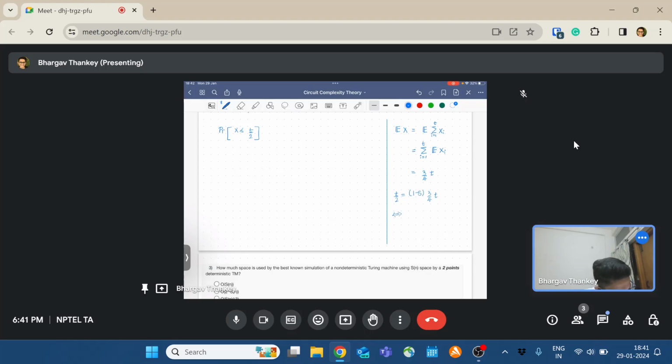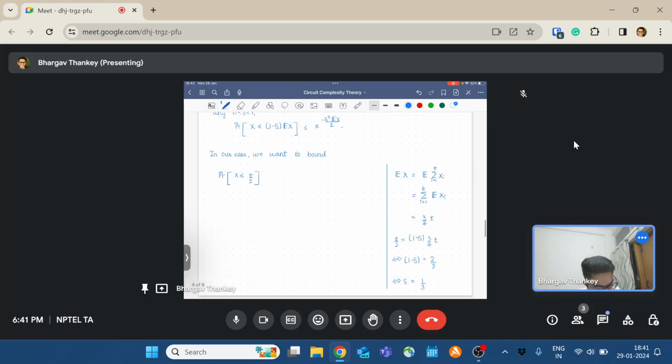This means I can cancel t out. I get 1 minus delta is equal to 2 over 3, so delta is 1 over 3.